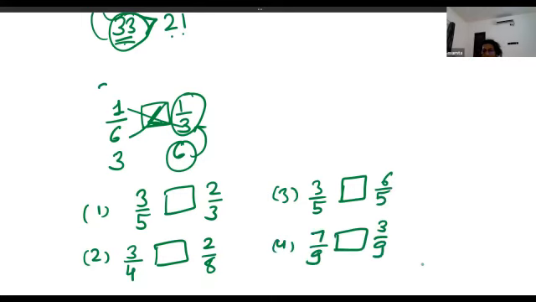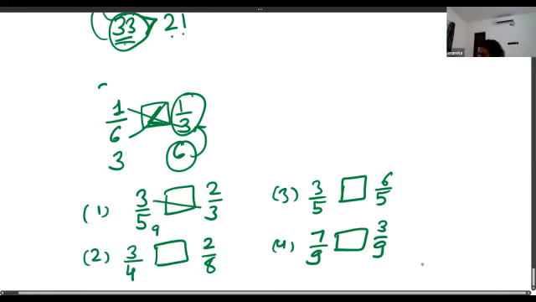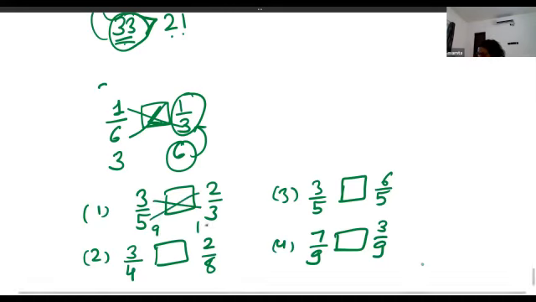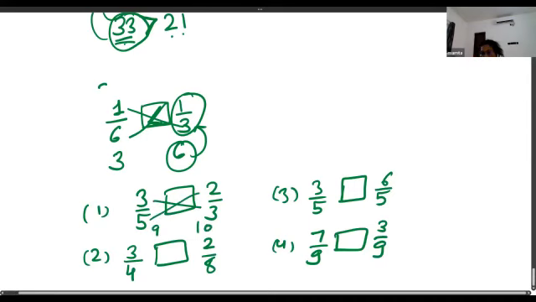Soumya, first question, which number is larger? Ma'am, 3 by 5. Why? Cross multiply. 3 3s are 9. And these two cross multiply, 10. So which number is larger? 2 by 3.